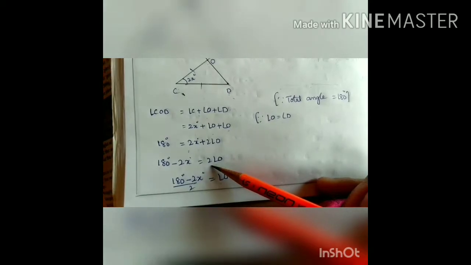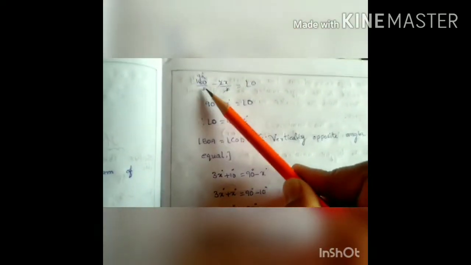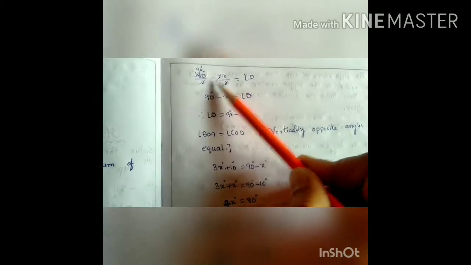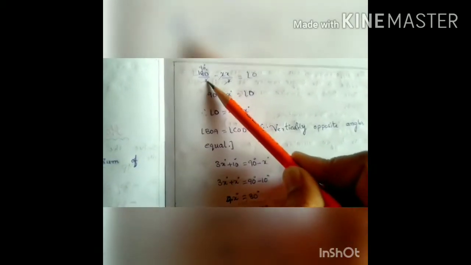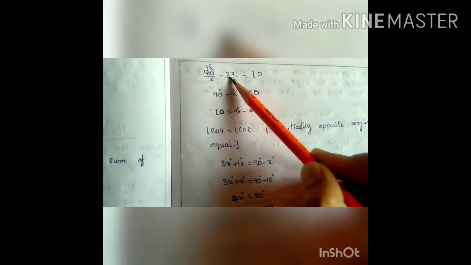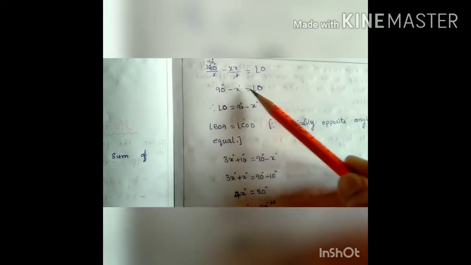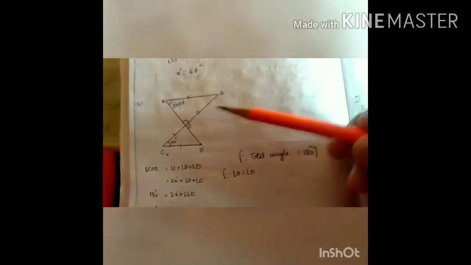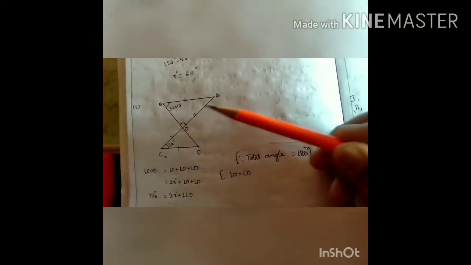Dividing separately, 180 by 2 minus 2x by 2 equals angle O. The 2s cancel, 90 minus x equals angle O. So angle O equals 90 degrees minus x degrees.